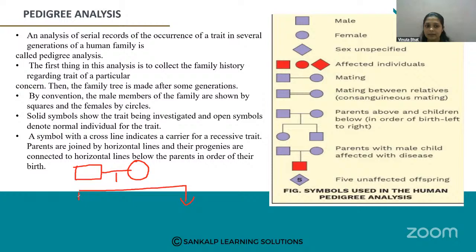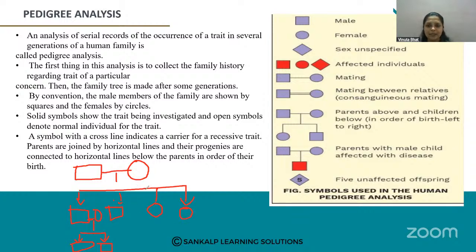In that, 2 males you have to draw like this, and 2 females like this. So here one of them is married and they have again 2 children, both are boys or males, like this. So like this you have to draw the family chart.